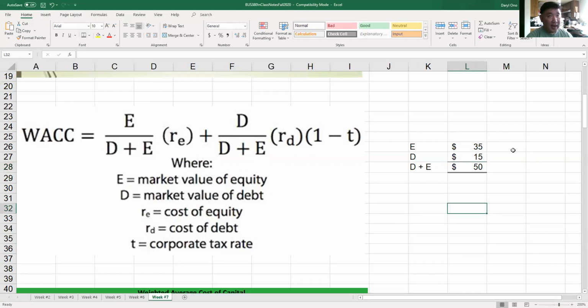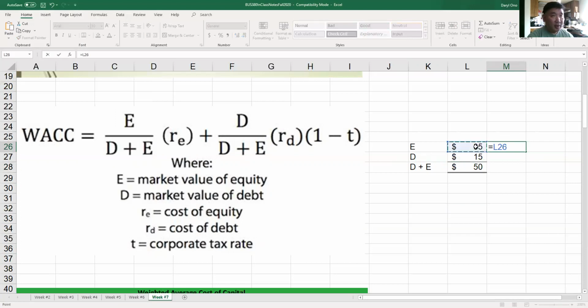Okay, and this percentage, I'm sorry, 35 million divided by 50 million is 70%. And this one is going to be equal to 30%. Sometimes that's given to you.